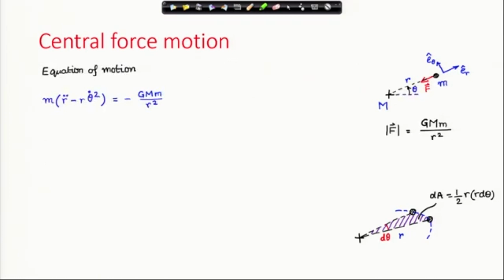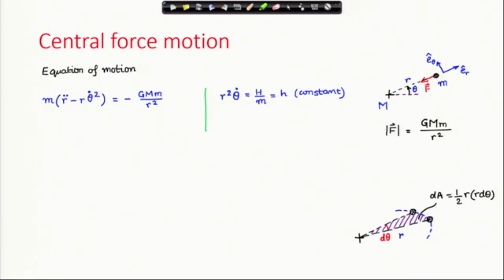Now, we come back to the equation of motion. This was the first equation, the e r cap equation: m r double dot minus r theta dot square is minus G M m by r square, and we have this condition that r square theta dot is the angular momentum by mass, which I write as small h, a constant.